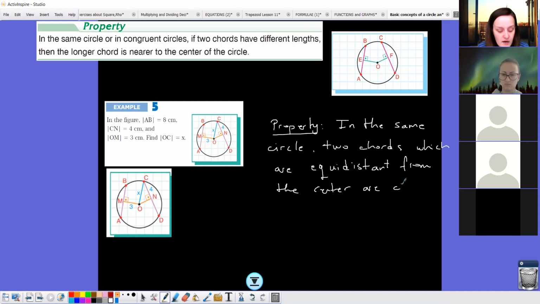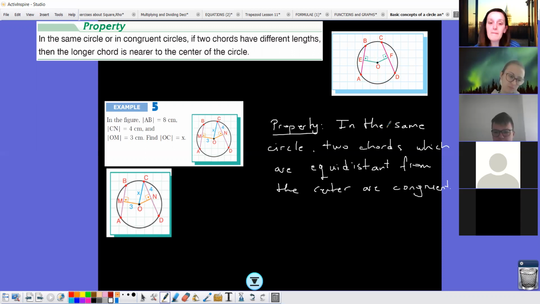Do we know what equidistant means? Equidistant means having the same distance, equal distance. If the chords are equidistant from the center, it means they have the same length. They are congruent to each other, okay? This property is important. So if OE is equal to OF, it means that AB is equal to CD, okay?